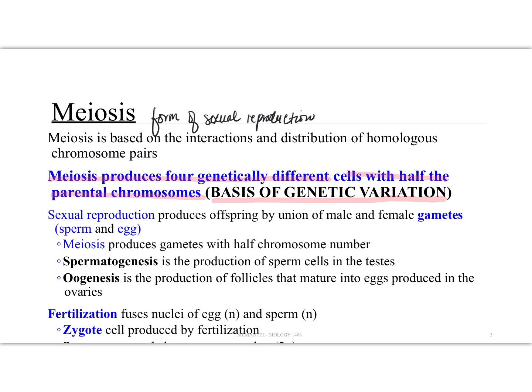So sexual reproduction is going to produce offspring, babies, by uniting a male sex cell and a female sex cell. We also call those sex cells gametes. And in common lingo, we refer to them as sperm cells and egg cells. So another word for gametes is sex cells.